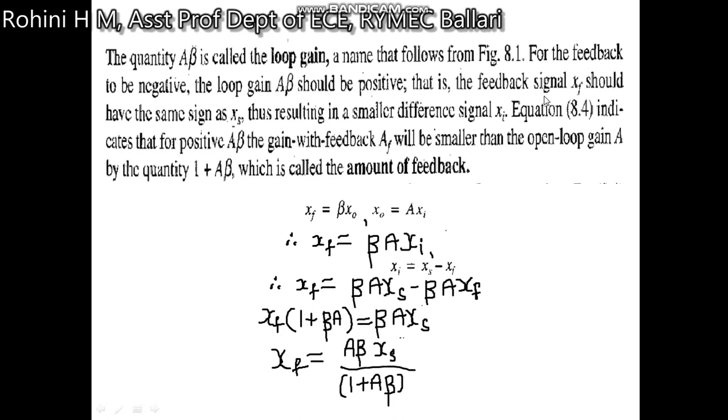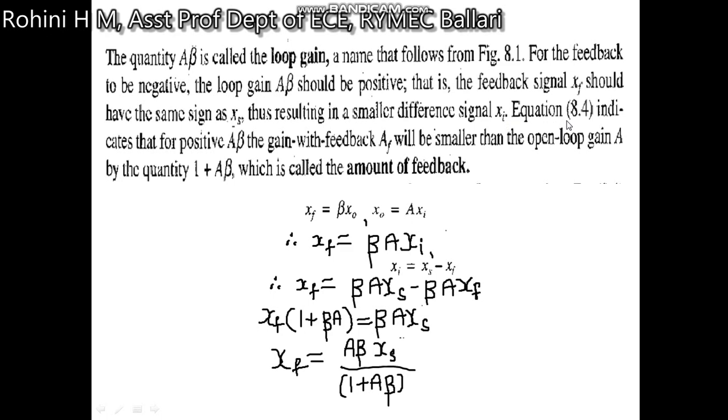The feedback signal XF, not AF, and XS must be of the same sign. That means if this is positive, it should also be positive. If XF is negative, XS must also be negative, thus resulting in a smaller signal difference, that is Xi.